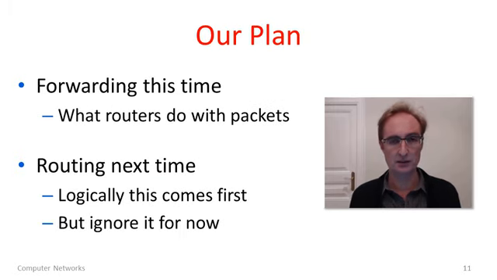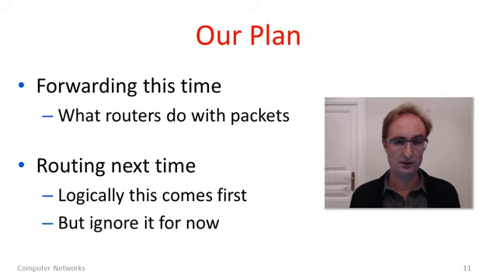Now, our plan, looking ahead, is to treat these two topics differently. Actually, the first one we're going to do is forwarding and understand what routers do with packets. Now, logically, you might think that routing comes first. It's difficult to know how to forward a packet until you know which way they need to go. But we think that it will actually prove easier for you to understand the internet if we go through the forwarding model first, and then we deal with routing later.